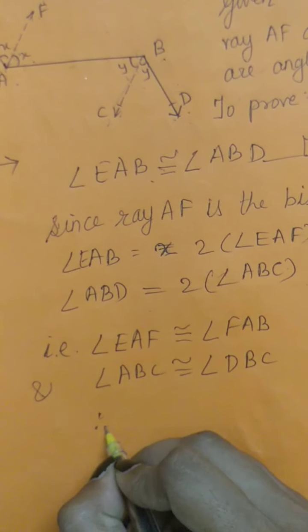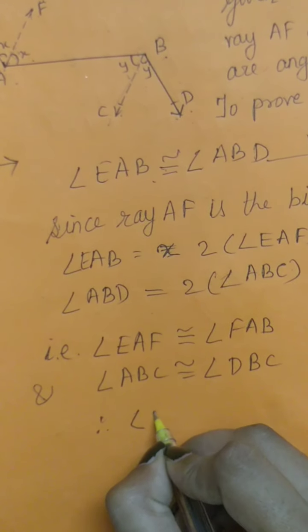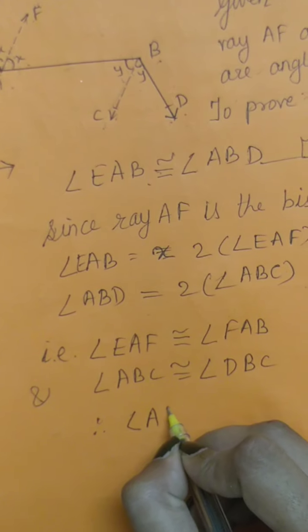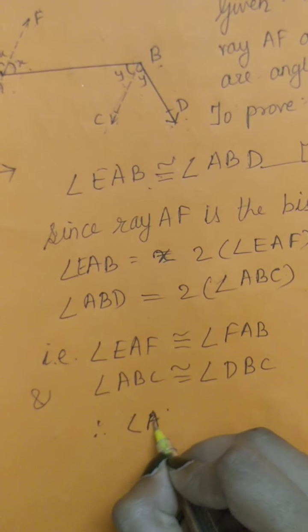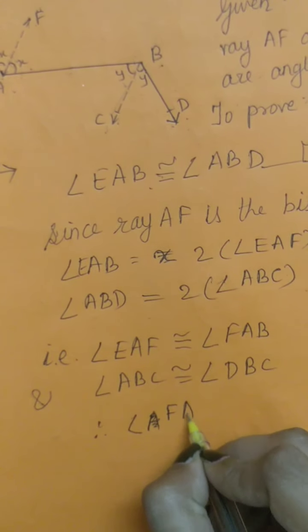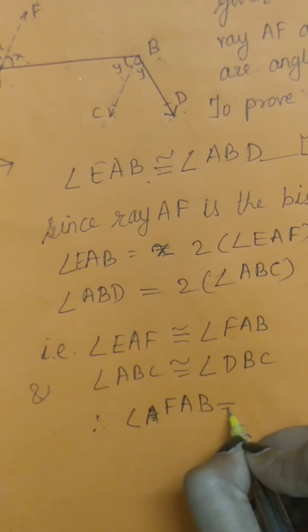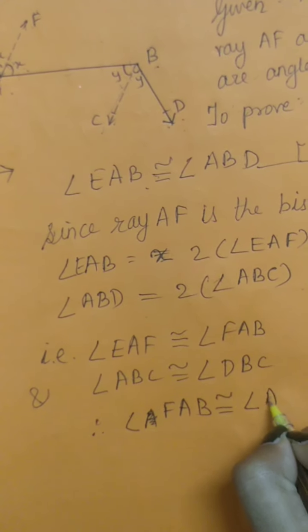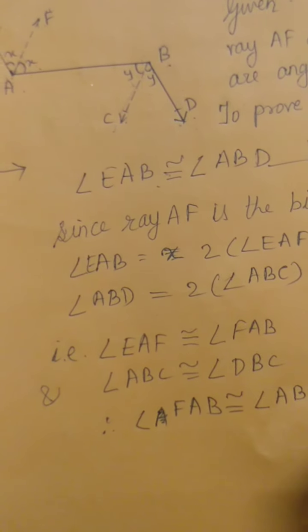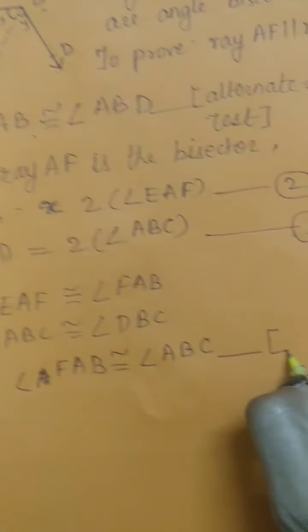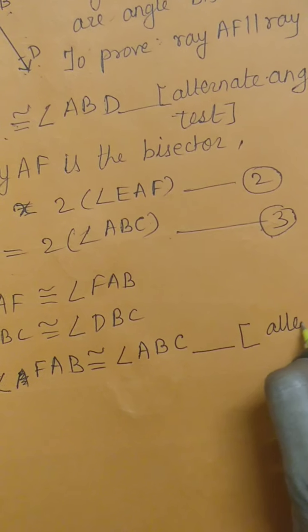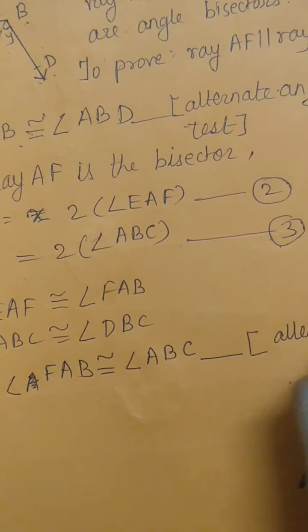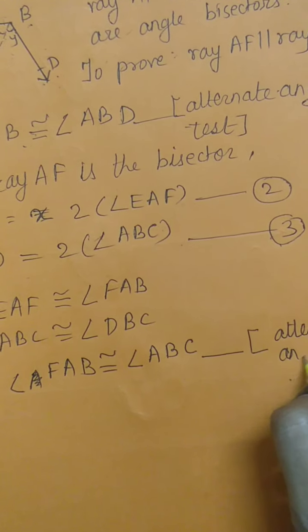So therefore we'll write angle FAB is congruent to angle ABC. The reason is alternate angles.